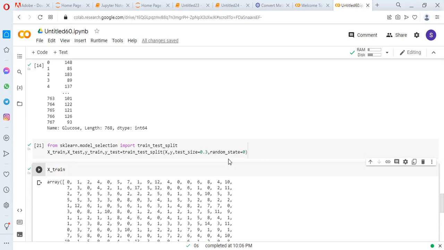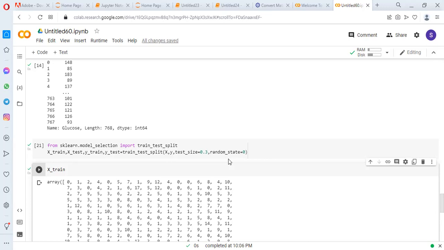So we are evaluating on 30%, and the rest of the values are used for building the model. So 70 and 30. And the random state equal to 0 means to stabilize the model. For stabilizing the model, we use a random state of 0, right? Otherwise the random variable will fluctuate constantly.